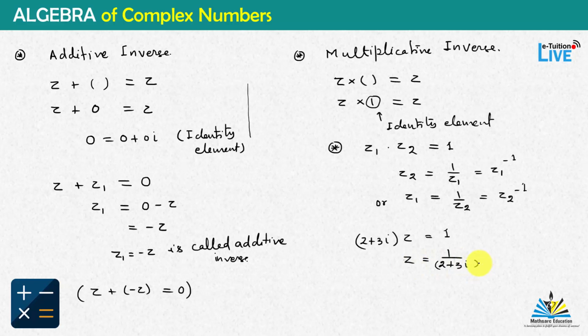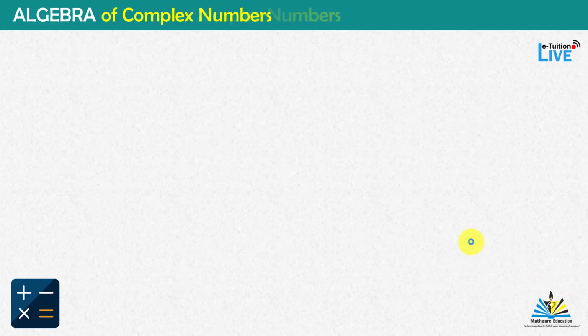So this is similar to the division of 1 by 2 plus 3 iota. So multiply numerator and denominator by 2 minus 3 iota, and that is 2 minus 3 iota divided by 13, and that is 2 upon 13 minus 3 upon 13 iota.